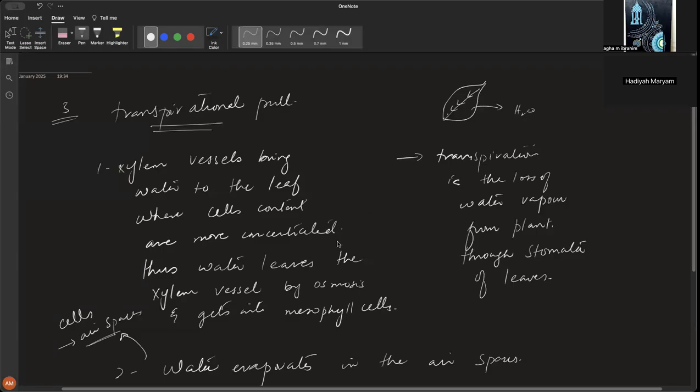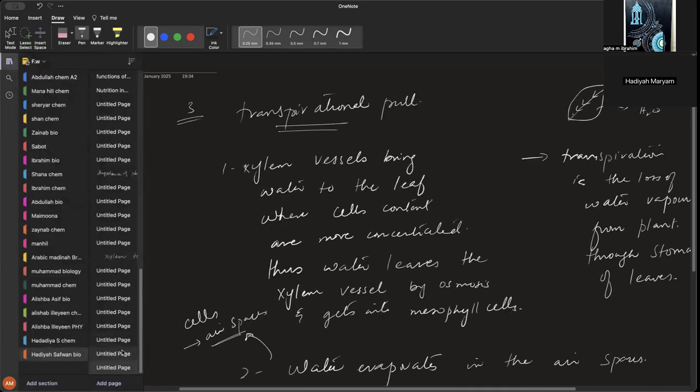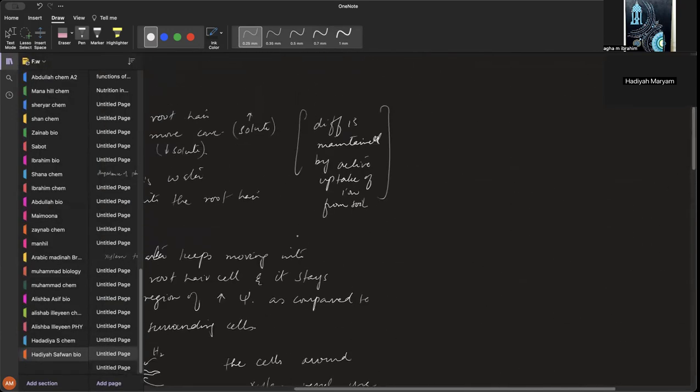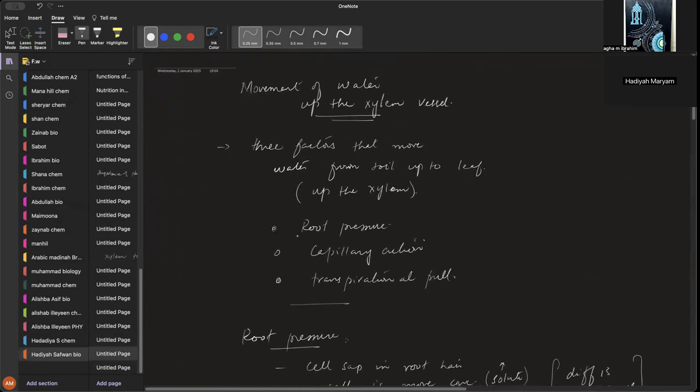We were already discussing the factors that affect and help the movement of water up the xylem vessel from the soil up to the leaf, right?